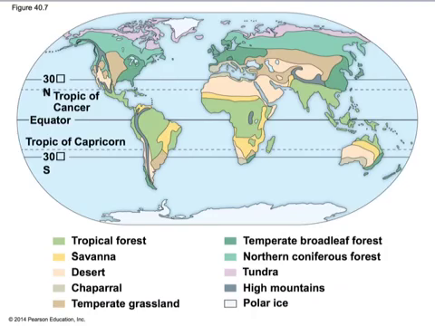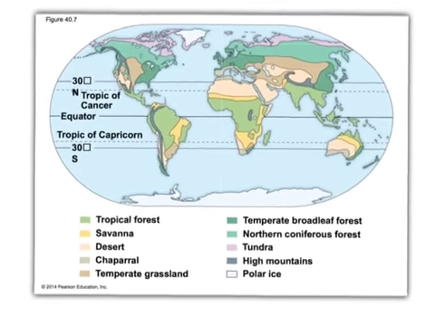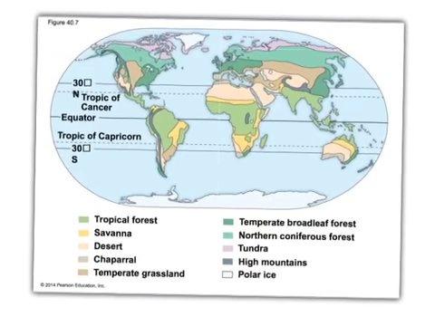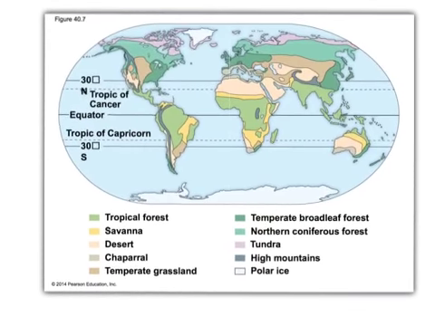So here is the general layout of your eight types of biomes. You have your tundra, your temperate broadleaf forest, your northern coniferous forests, savanna, temperate grasslands, the desert, and so on.